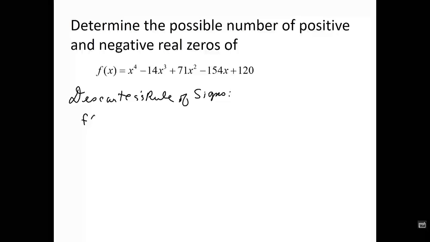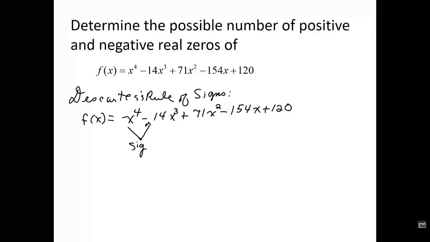So let's see what we have here. f of x is x to the fourth minus 14x cubed plus 71x squared minus 154x plus 120. We're going to look at the change in sign. From x to the fourth to negative 14x cubed, we have a sign change, from positive to negative.